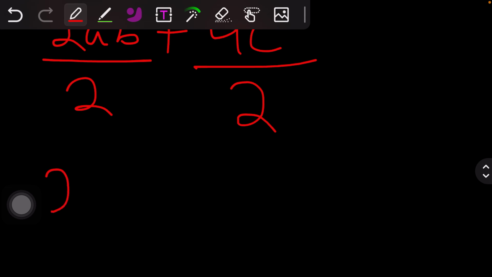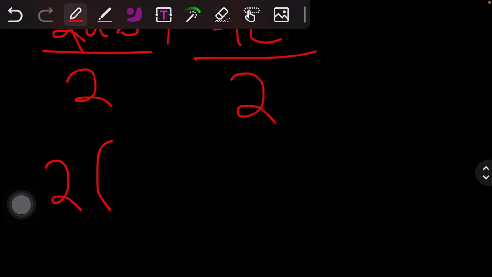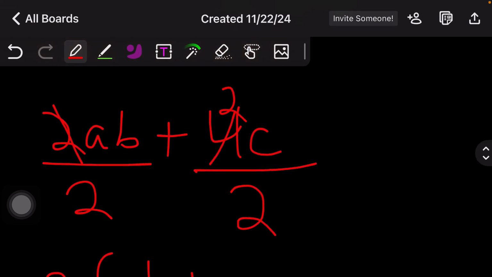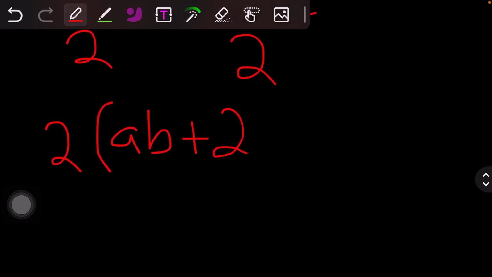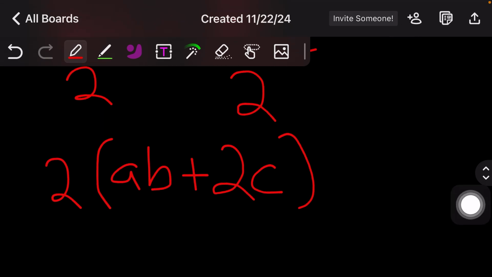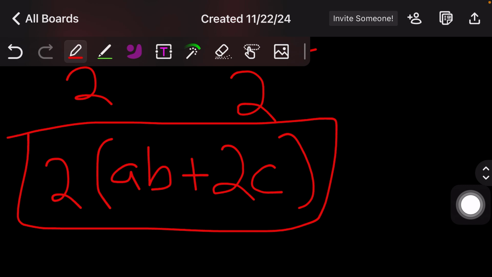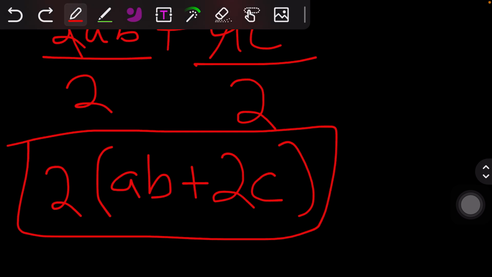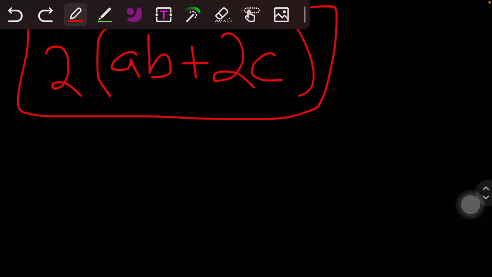When we do that, we get a 2, and after we cross this out, we get ab plus 2c. This is our factor for the binomial as earlier. If that doesn't make sense, just stick around. We're going to go through some more examples right now.